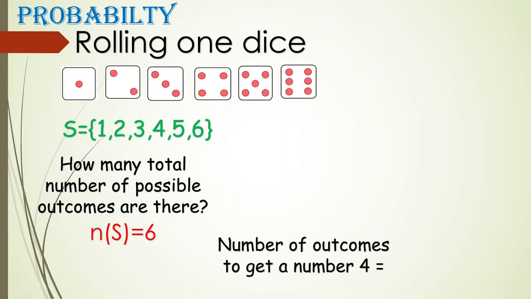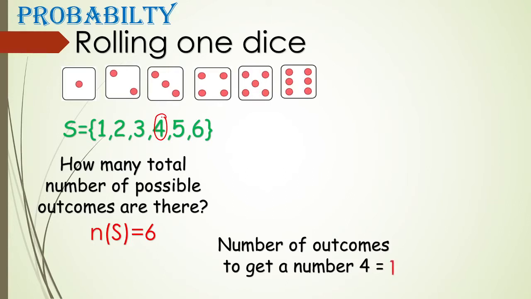Now, what if I ask you about getting a number 4? How many outcomes are there to get a number 4? How many 4s are there from 1 to 6?